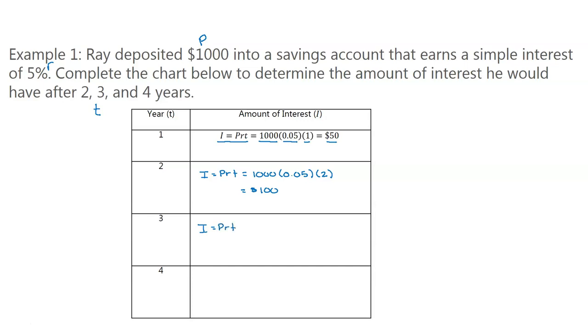Now for 3 years, we get a value of $150. And then after 4 years, we get $200. So essentially, he earns an extra $50 for every extra year that he invests his money for.